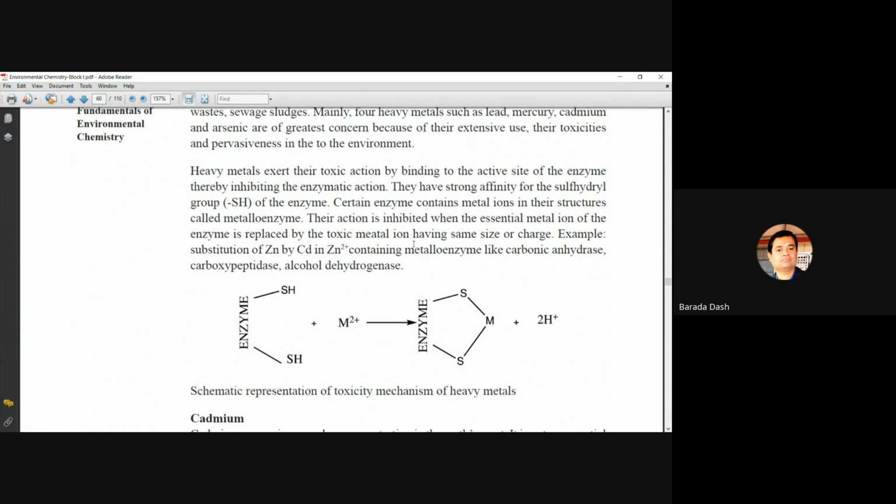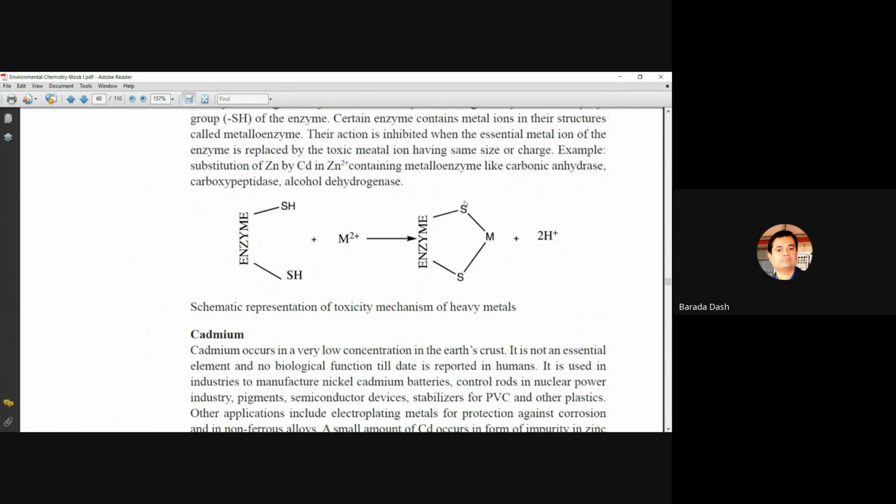Their action is inhibited when the essential metal ion of the enzyme is replaced by a toxic metal ion having the same size or charge. Example, substitution of zinc by cadmium in zinc 2 plus containing metalloenzymes like carbonic anhydrase, carboxypeptidase, alcohol dehydrogenase.